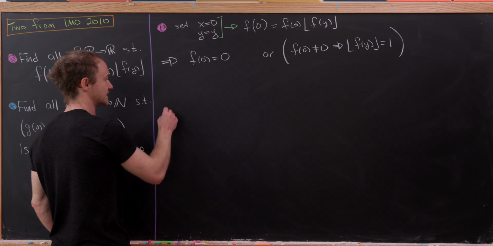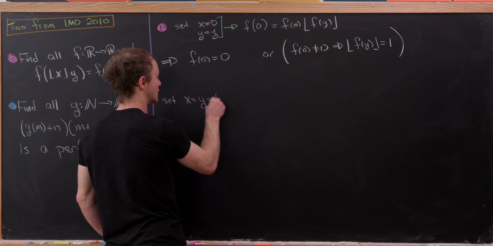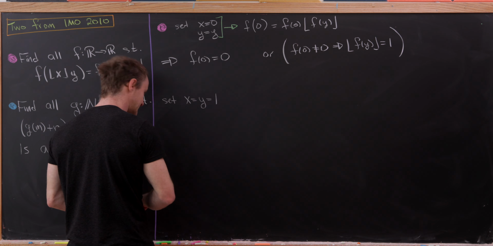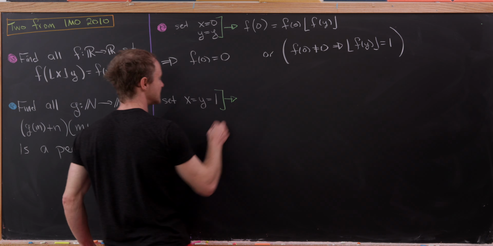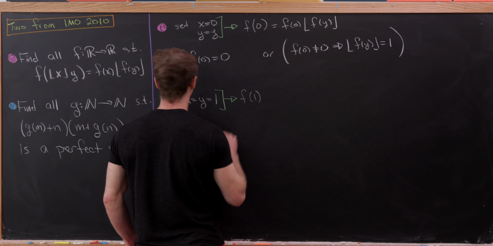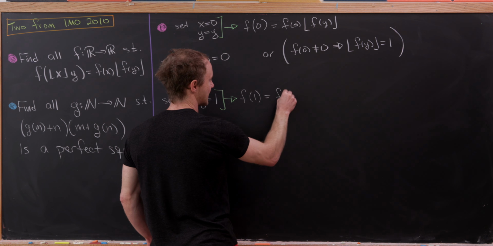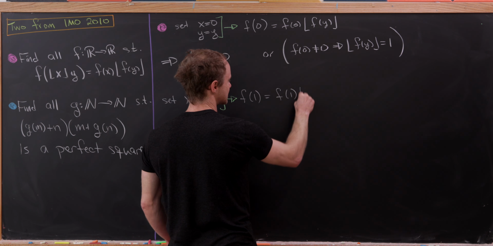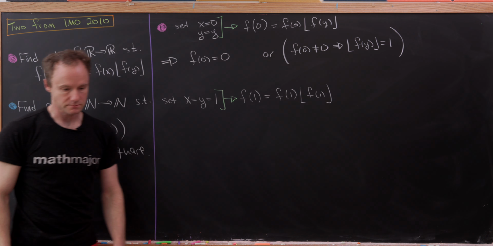So now let's do another round of substitution. In this case, we're going to set x equal to y equal to 1. So let's see what that does inside our functional equation. That's going to give us f of 1 on the left-hand side, and on the right-hand side, we're going to have f of 1 times the floor of f of 1.